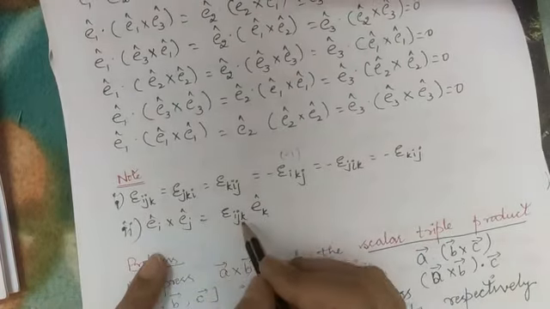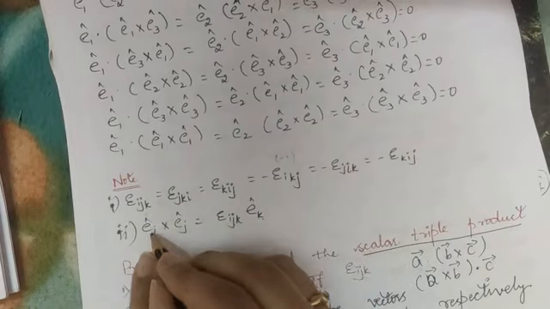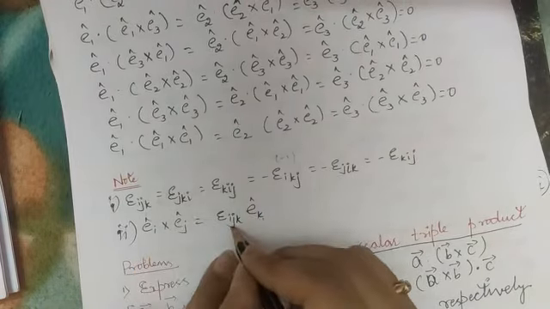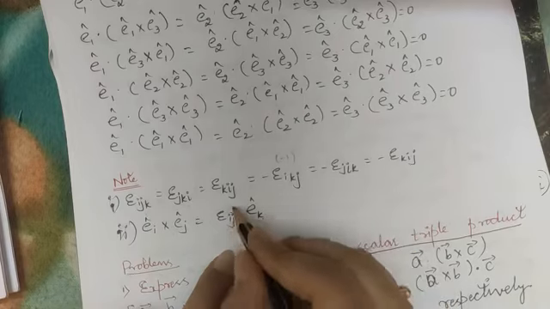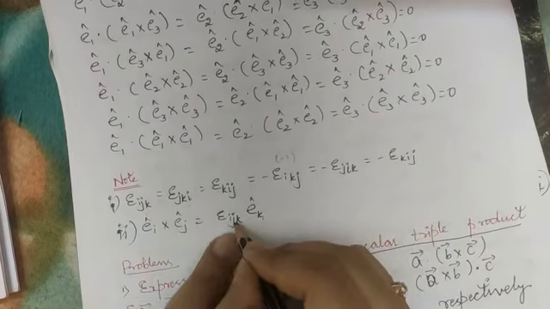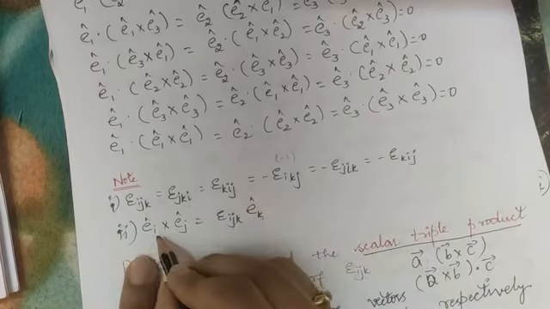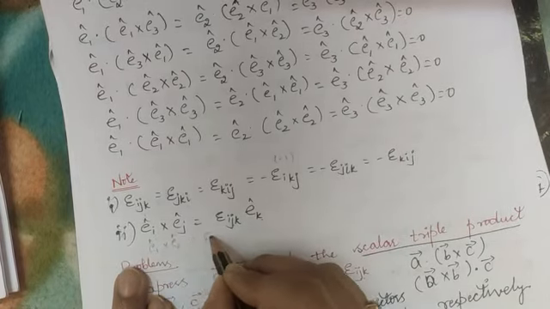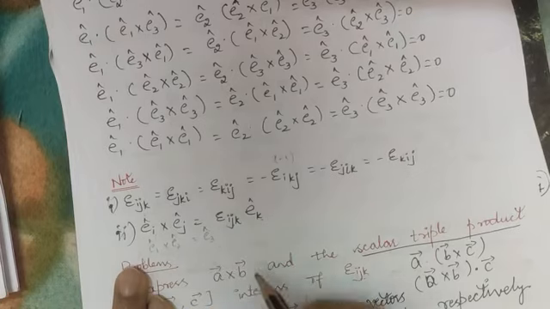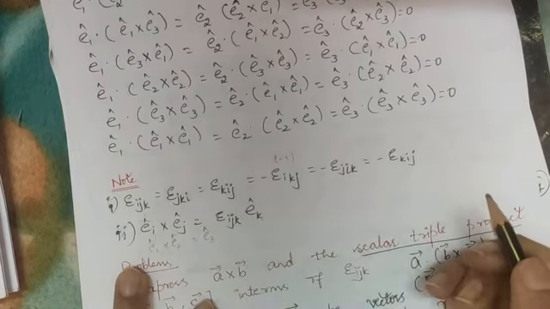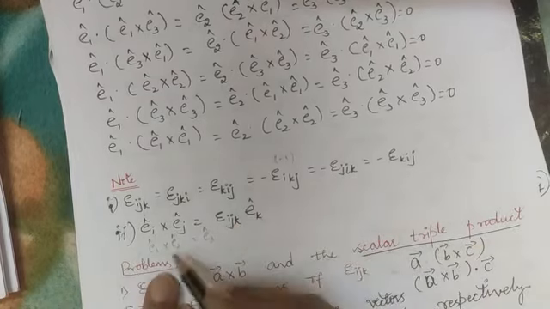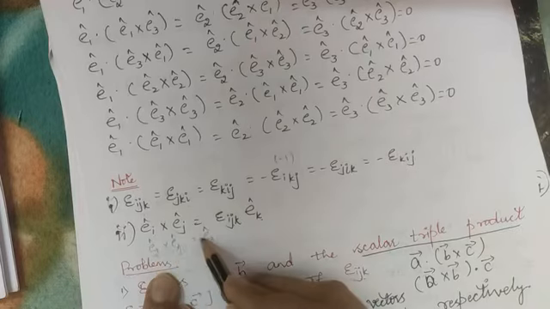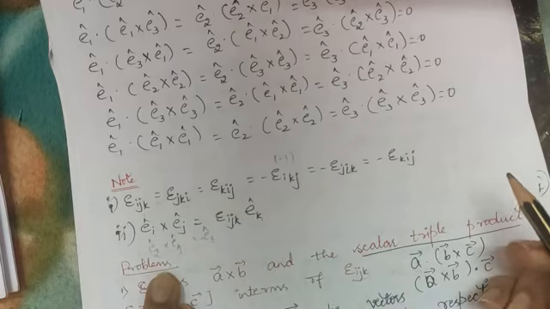Here we can express ei cap cross ej cap as epsilon ijk ek cap. If ijk are in cyclic manner, that means if this is e1 cap cross e2 cap, you will get e3 cap. That means i, j are in cyclic manner, right? If this is in acyclic manner, this 2, 1 means you will get minus e3 cap, right?